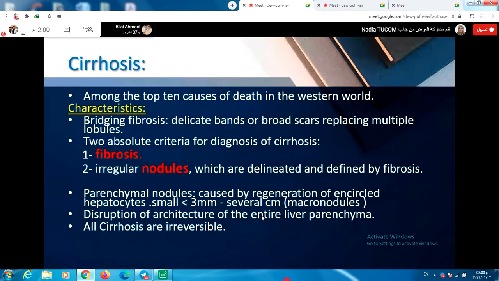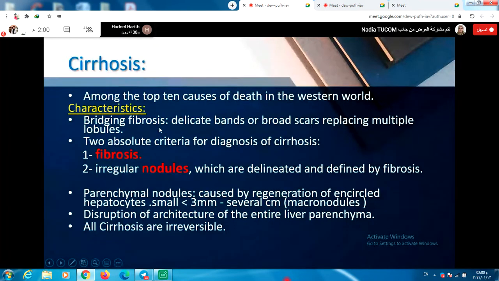Cirrhosis is one of the top 10 causes of death in the Western world, and the characteristic of cirrhosis is bridging fibrosis. Whenever there is laying down of fibrous tissue, it is permanent, so it is irreversible.